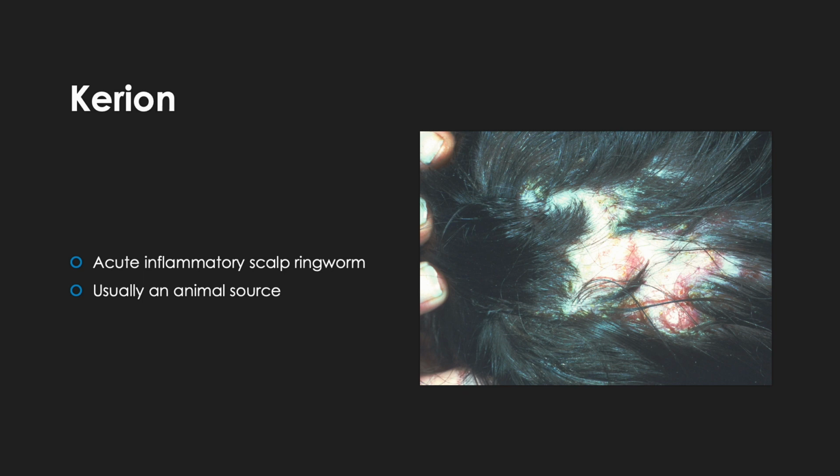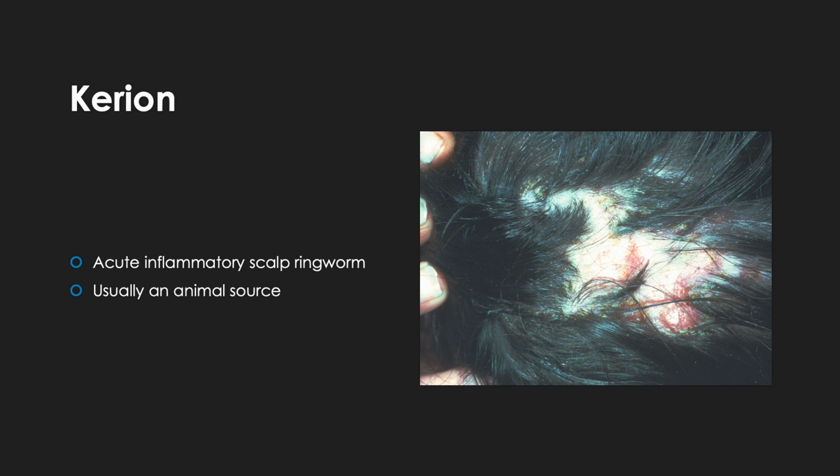Tinea capitis, caused by some animal ringworm, can produce an acute inflammatory reaction which is called a kerion. And here you can see there's inflammation, swelling, hair loss, and this is called a kerion.